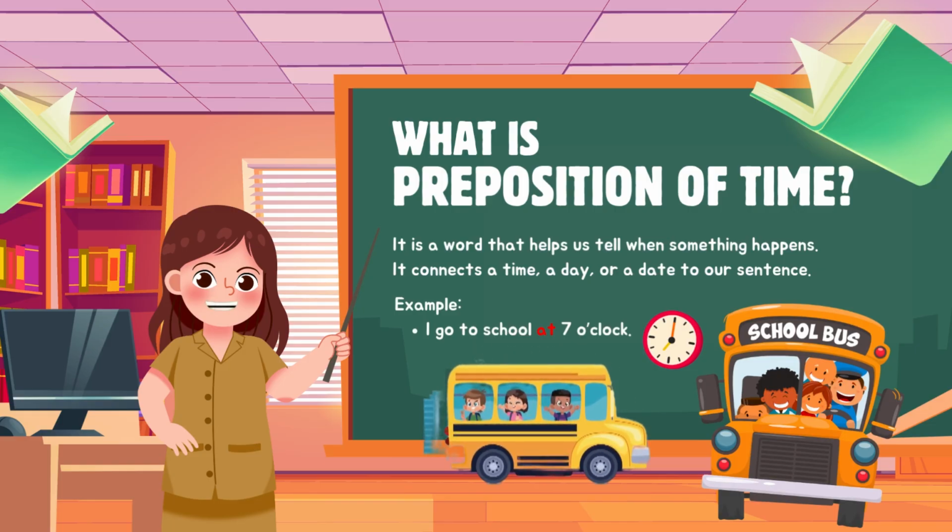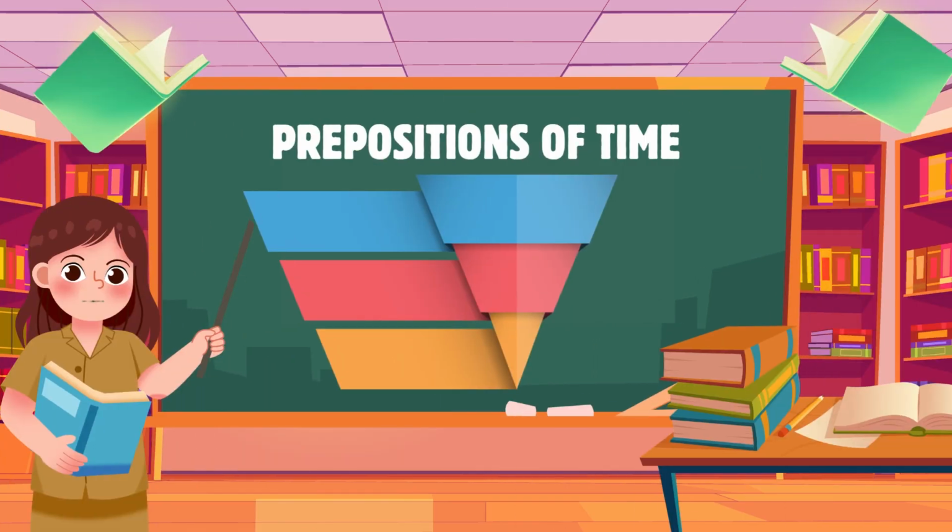Alright, let's take a look at the secret trick to use them. Wow, look at this upside down triangle beside me. It helps us choose prepositions based on how big or small the time is. At the very top, we have the biggest section, the word "in." We use "in" for big general blocks of time, like whole years, seasons, or months.